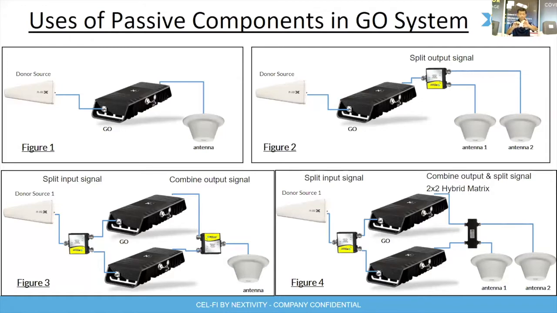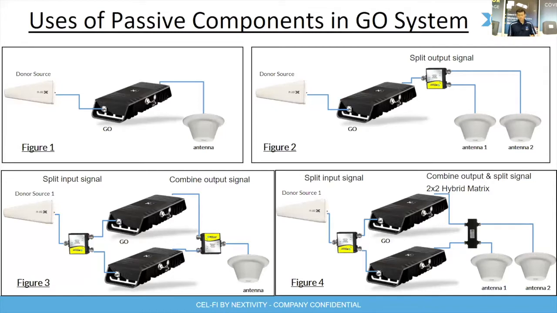So you can see that the two different signals from the two different GO systems come into the two-way combiner, and then we have a common output port to be connected to an external antenna, as shown in figure 3. So in figure 3, we split the input signal and then we combine the output signal. This is a very classic configuration, okay?